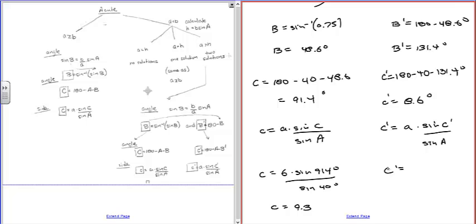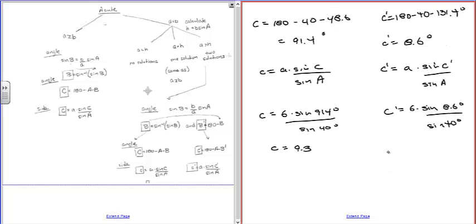So C prime is 6 times the sine of 8.6 degrees divided by the sine of 40 degrees. And so C prime is 1.4.